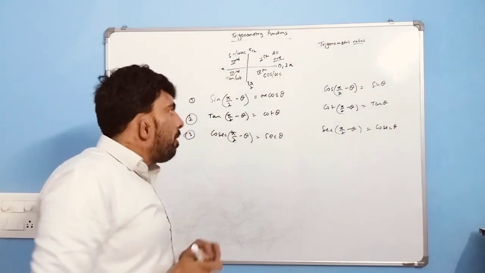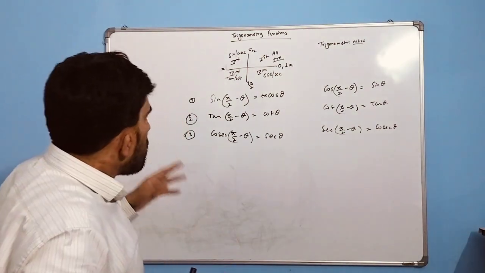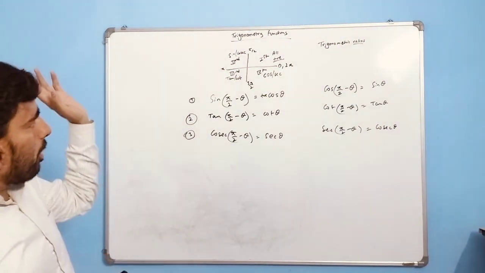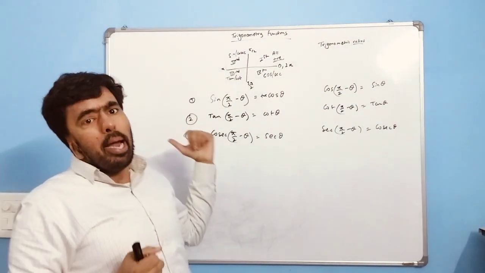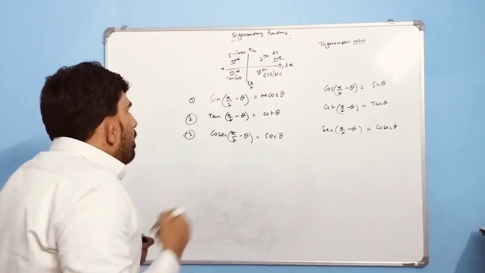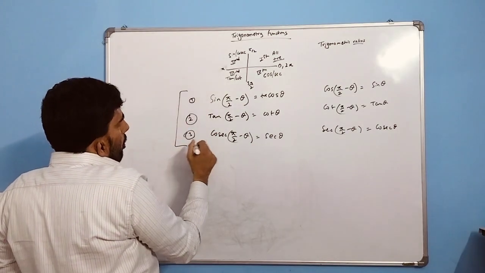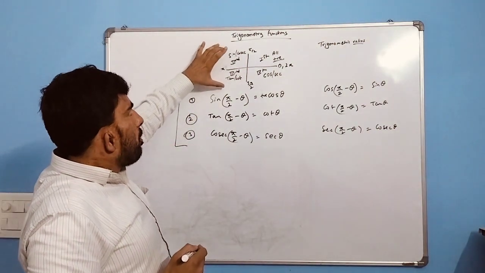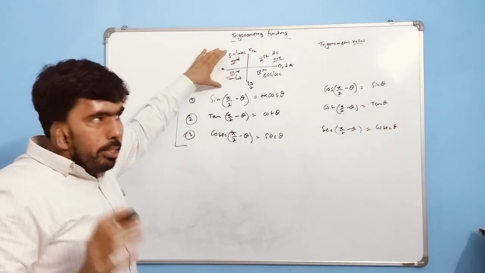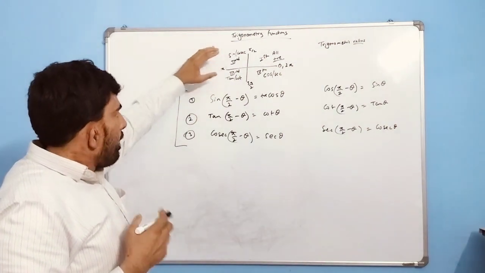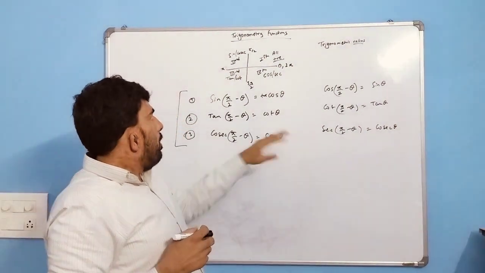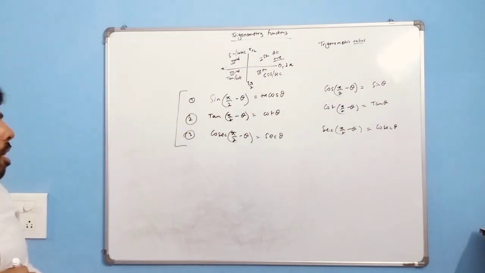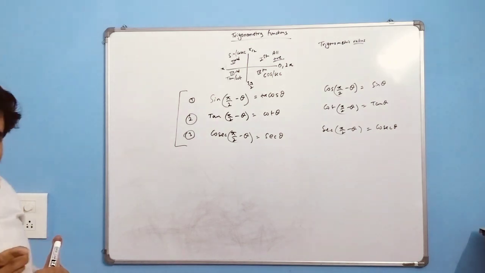Finally we know the formulas: how sin, cos, tan, cot, cosec and sec are converted into the other trigonometric ratios when we apply 90 minus theta. These are the most important formulas, and we can see them from the graph. So we must have a good knowledge of this graph so that we can easily find these formulas.